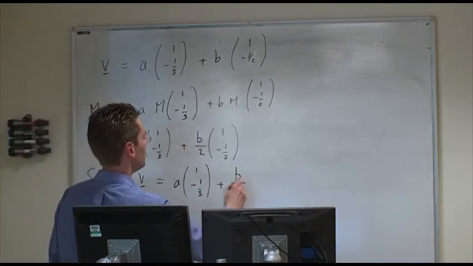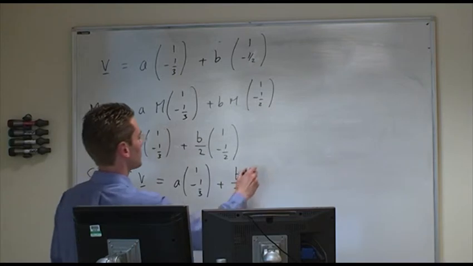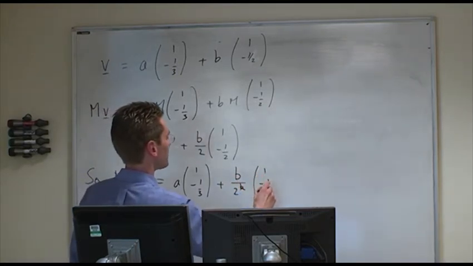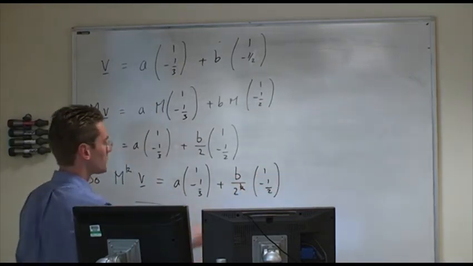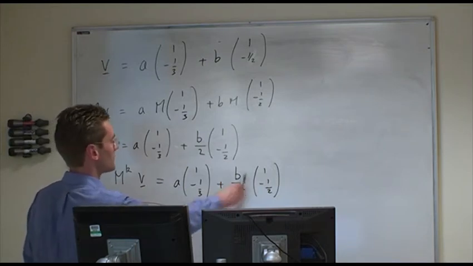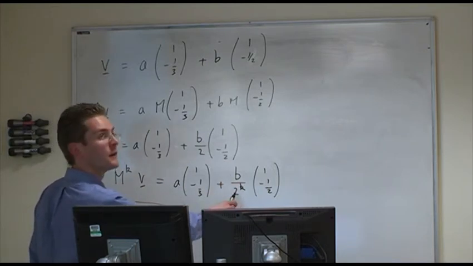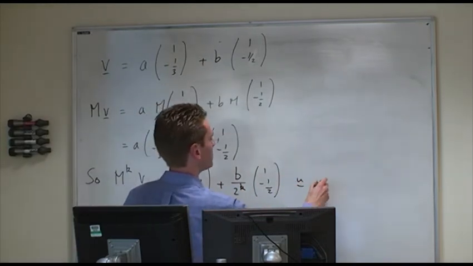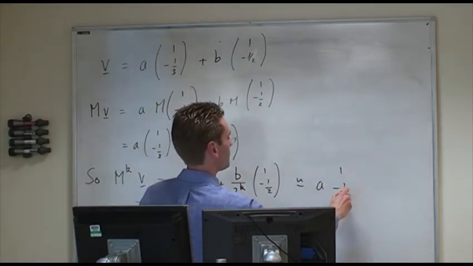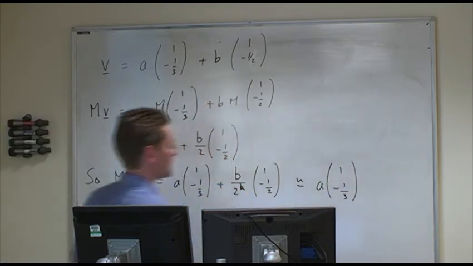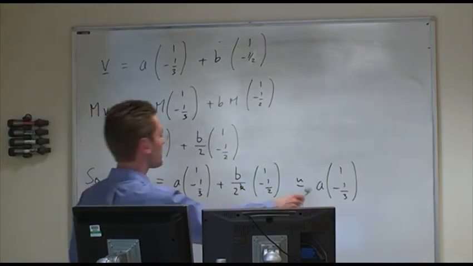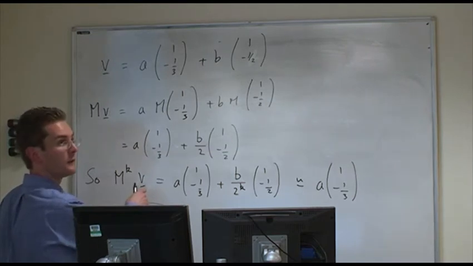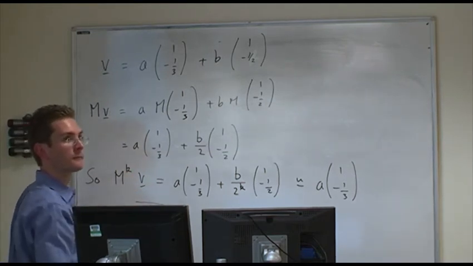So I'll end up with B divided by 2 to the power k. If k is large, 2 to the power k is very large, and so B divided by 2 to the power k is about 0. So this is approximately just the first part. So if k is large, I can get a very good estimate of what M to the k times v is equal to, without having to do very much calculation at all.